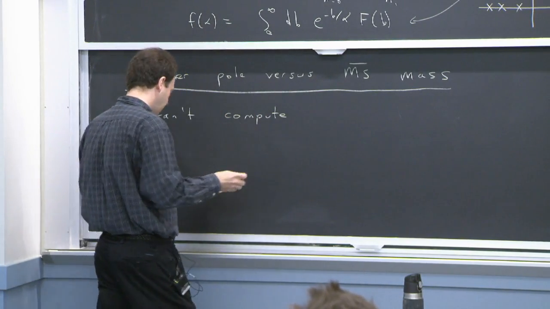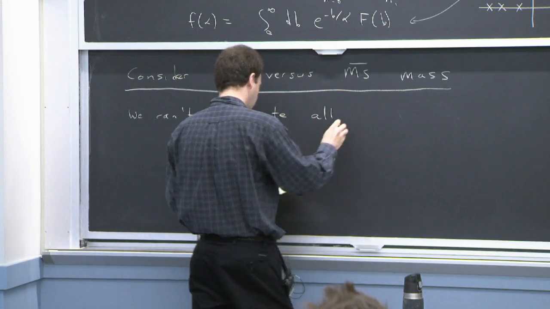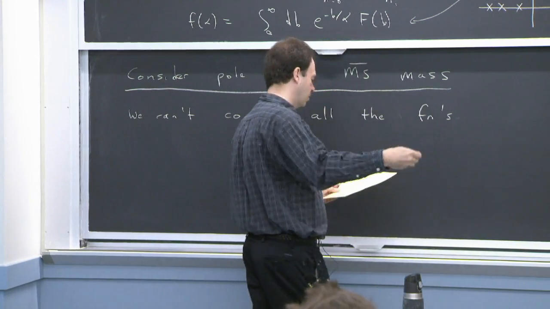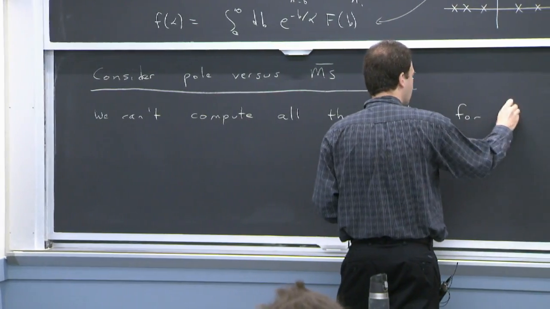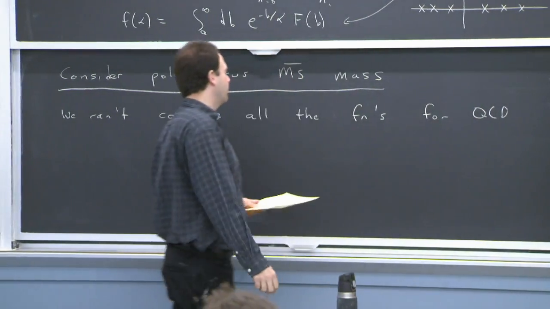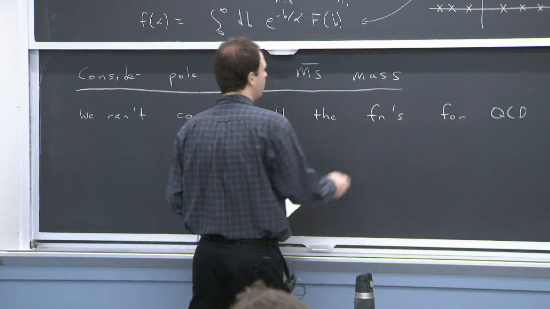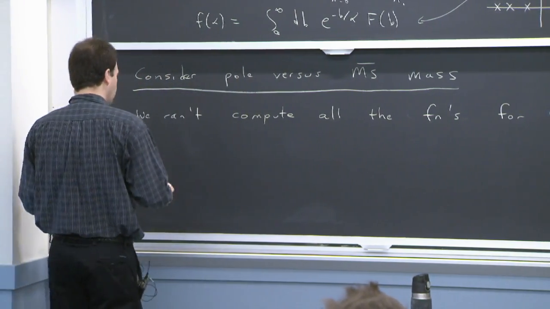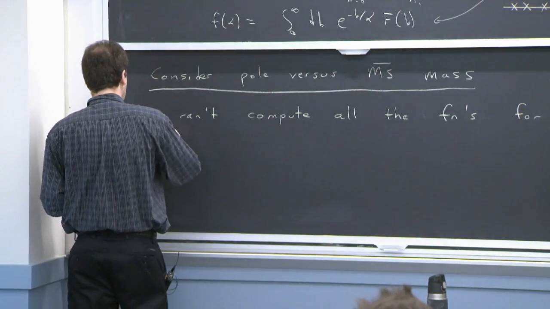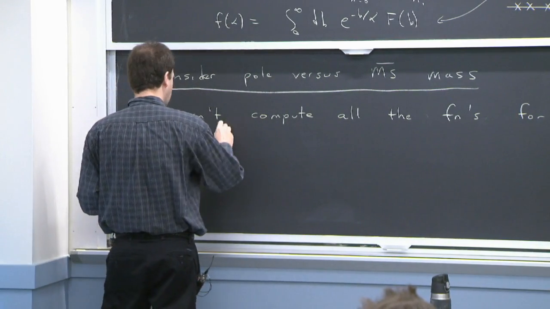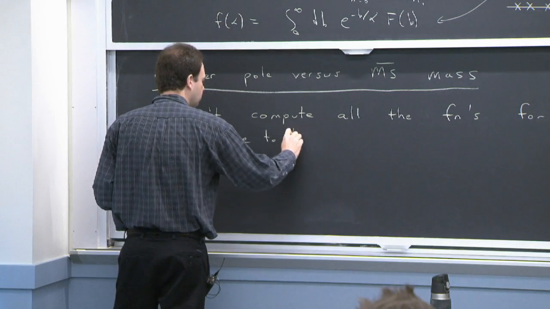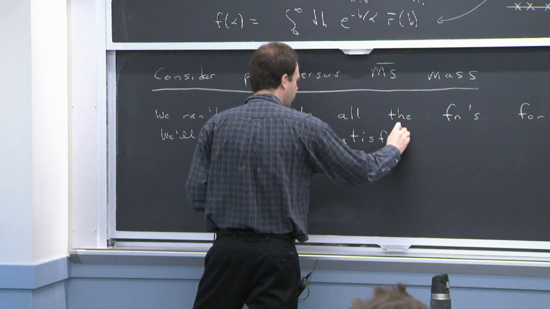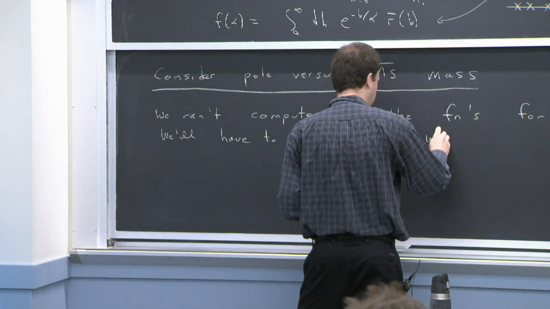So if we want to think about the definition of these masses, then we have to implement those definitions order by order in perturbation theory. And order by order in perturbation theory, we could calculate the f's, but we need to know something about the entire series, and it is too hard to get the complete series. So we'll pick out an infinite subset of that complete series which we can identify as unique.